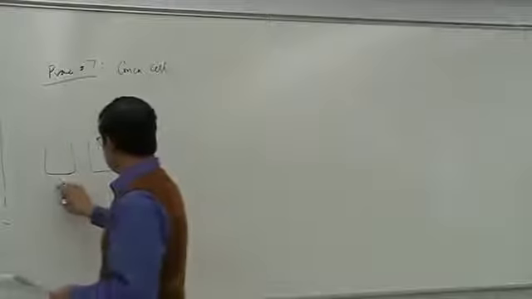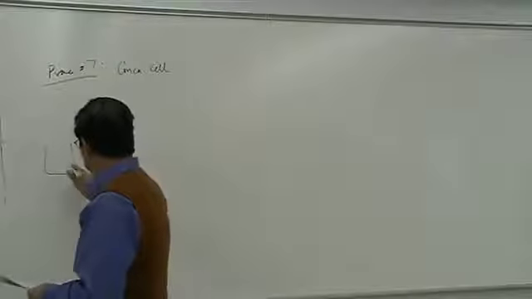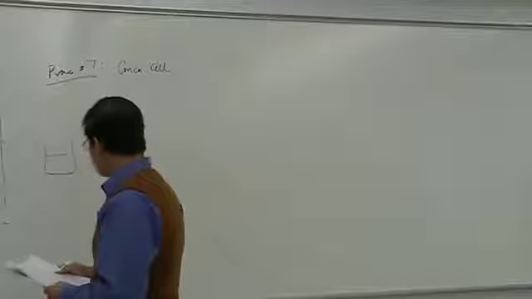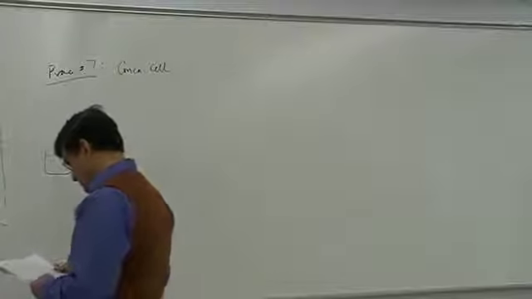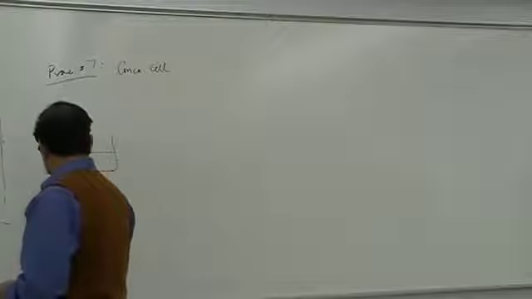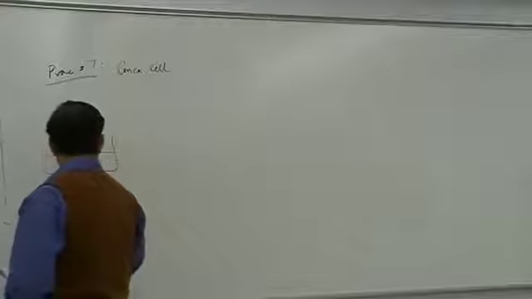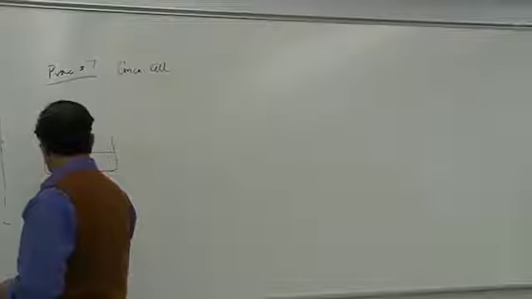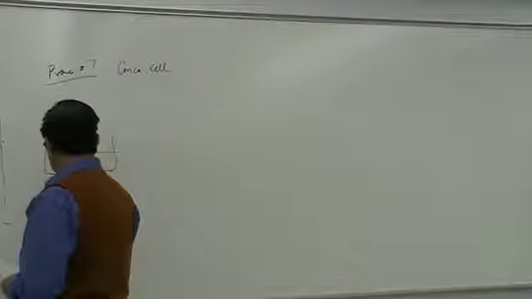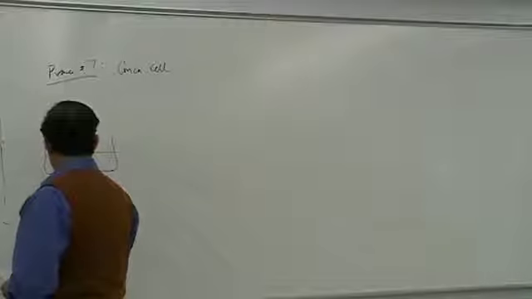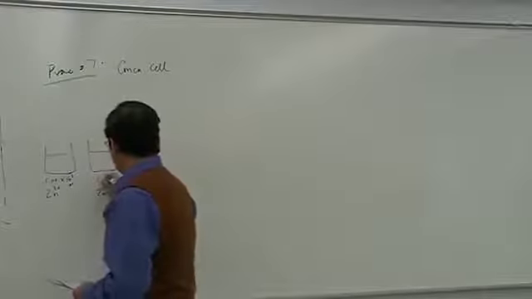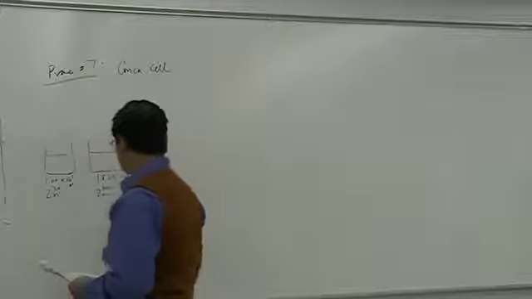So this is one container, this is the other container with the same solution. Let's assume that I have zinc 2 plus in both places, so that my concentration here is 1.00 times 10 to the negative 2 molar, and the other container has 1.80 molar of zinc.